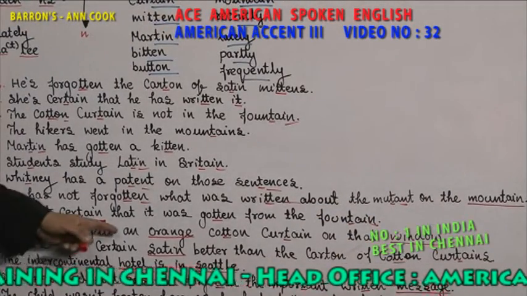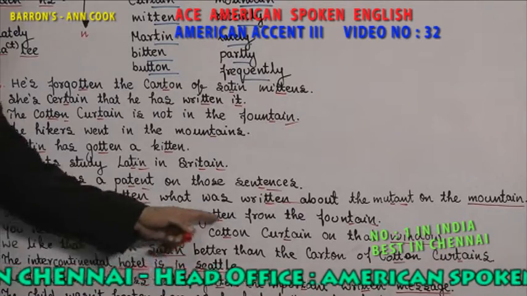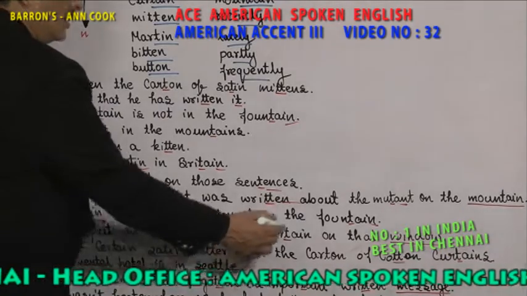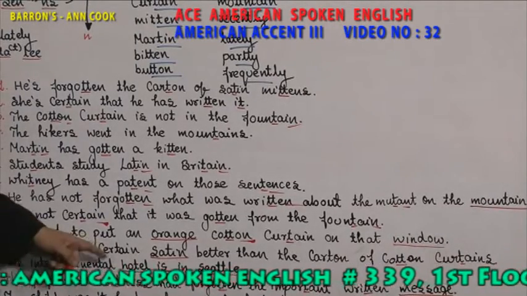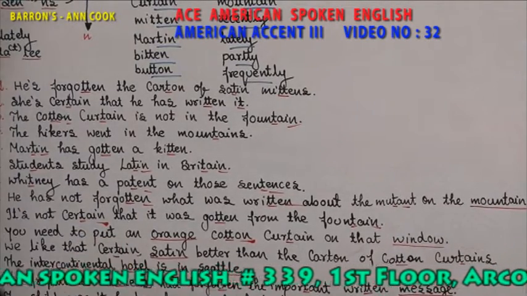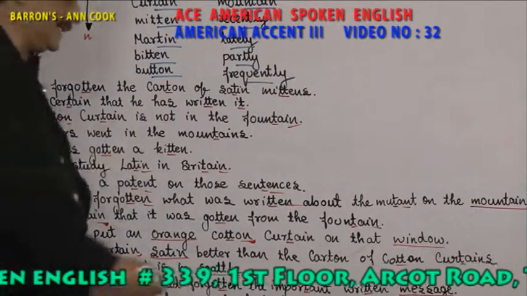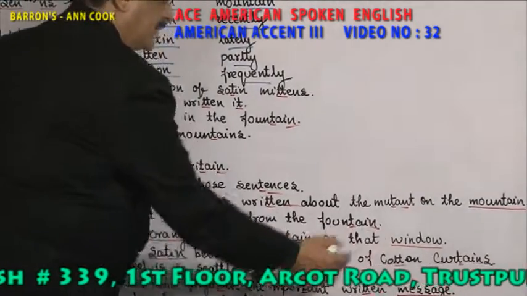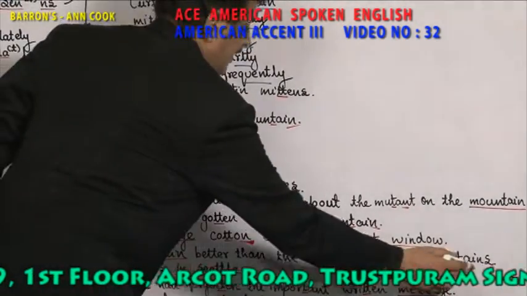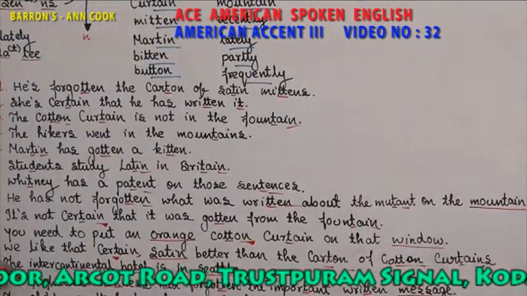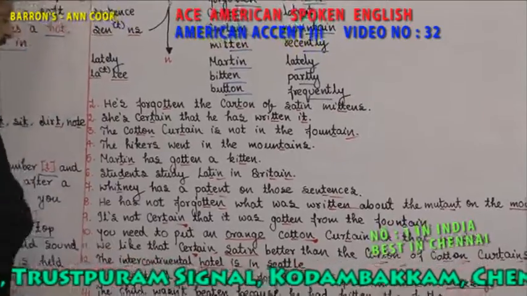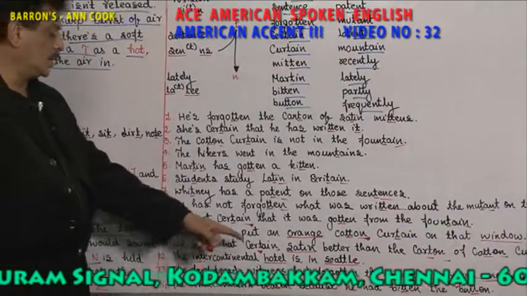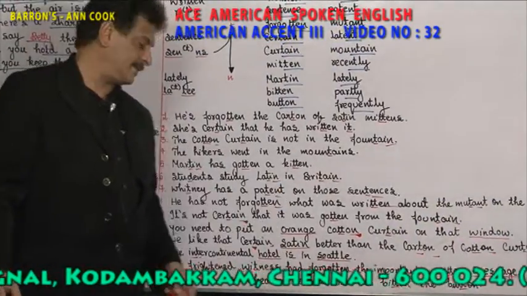You need to put an orange cotton curtain on that window. We like that certain satin better than the curtain of cotton curtains. The Intercontinental Hotel is in Seattle.